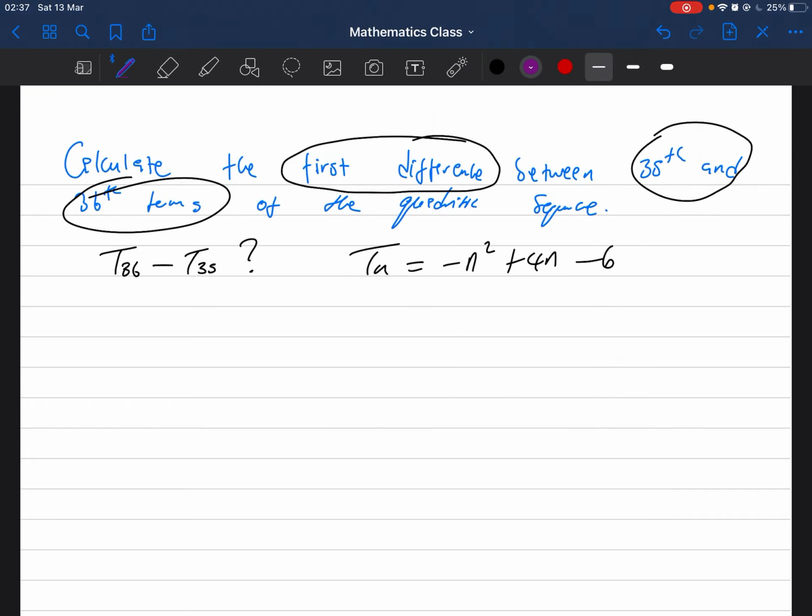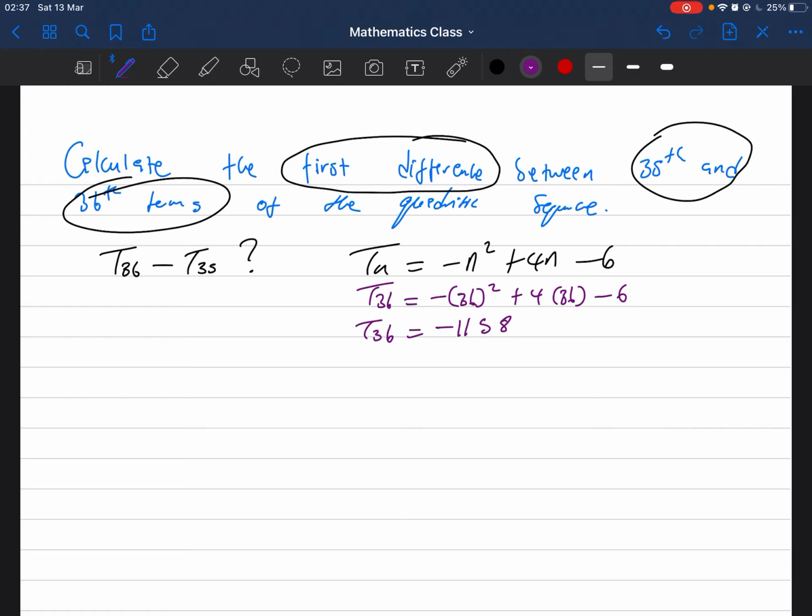So T36 is equal to negative 36 squared plus 4 times 36 minus 6. You can just simply punch this in your calculator. So you're going to have negative 1158, right? Don't be scared when you see a bigger number.